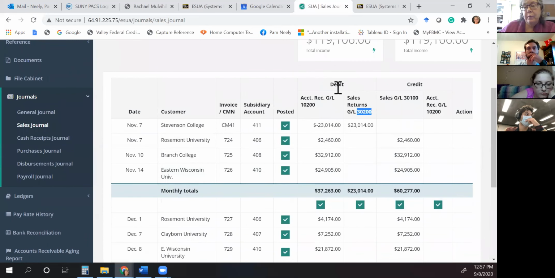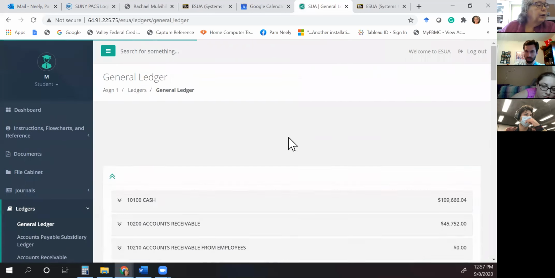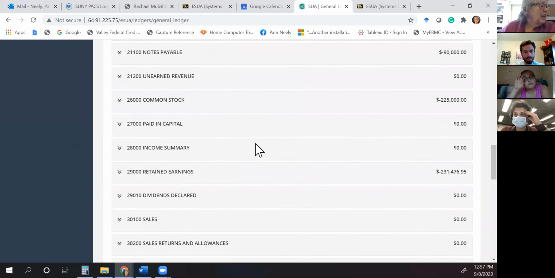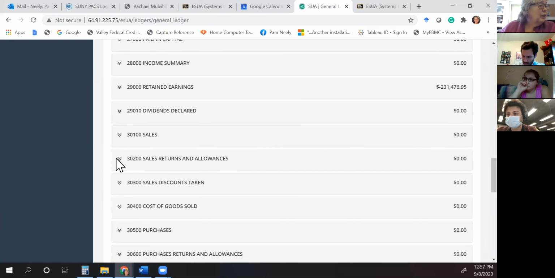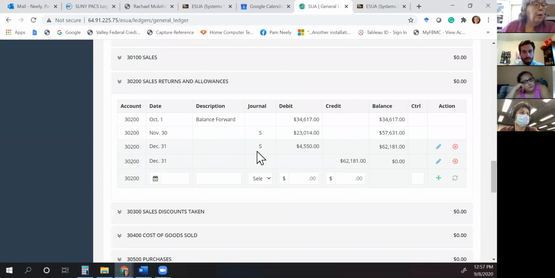We see that it's a debit above that column. So we go back to the general ledger and we go to 30200, and on December 31st, from the sales journal, we post 4550.